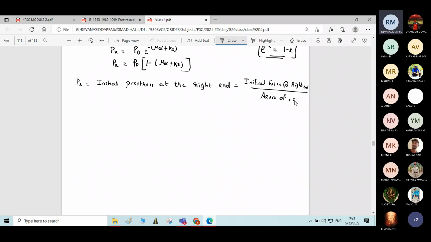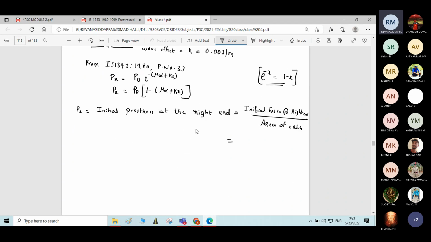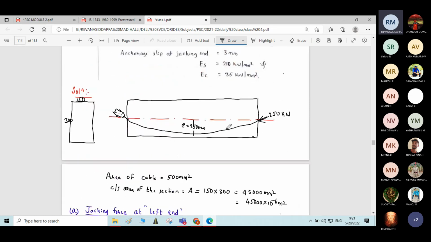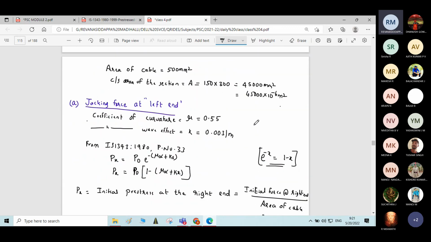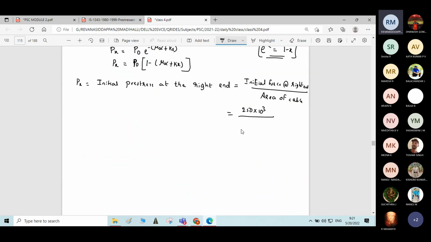The initial force at the right end is 250 kilonewton. In terms of Newton, it is 250 into 10 power 3, divided by the area of the cable. The area of cable is given in the problem as 500 mm square. That divided by 500. So Px is equal to, please calculate the answer.